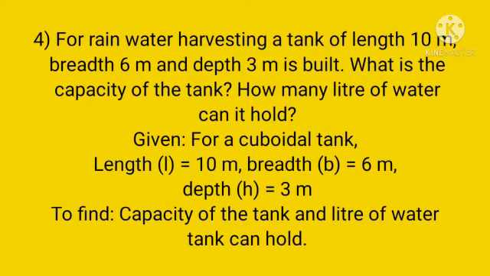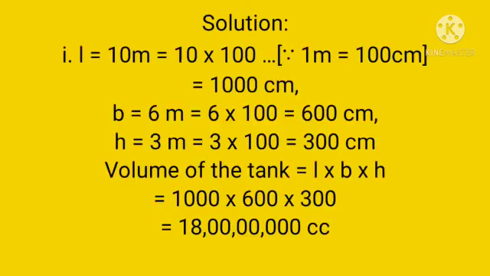Breadth B is equal to 6 meter, which is equal to 600 centimeter. Depth H is equal to 3 meter, which is equal to 300 centimeter. To find capacity of the tank and liters of water the tank can hold.